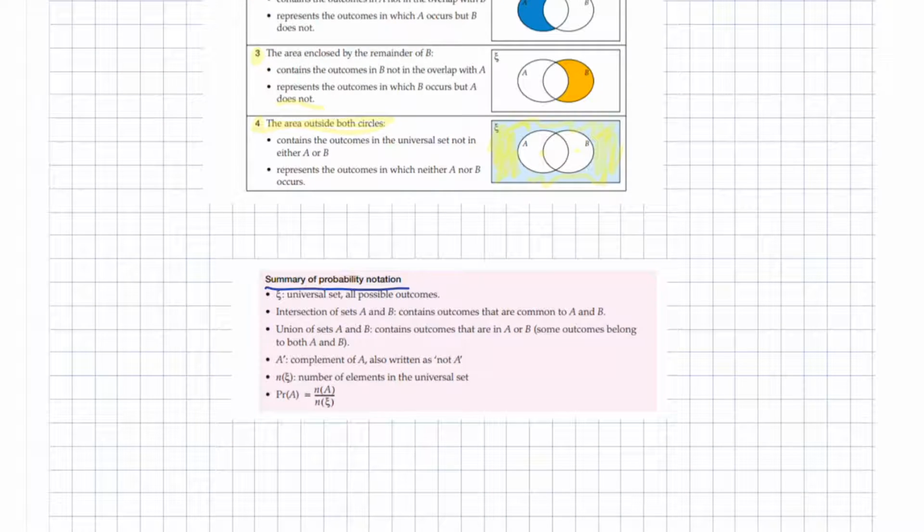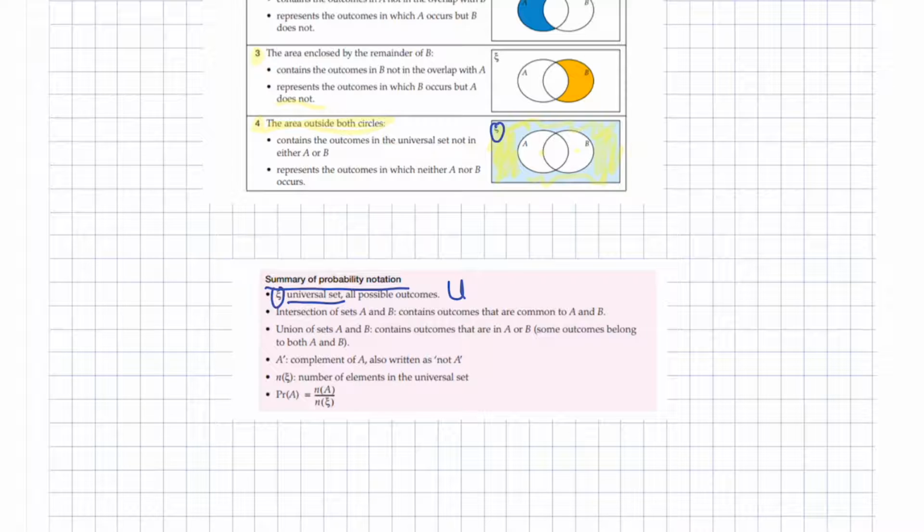This symbol here, zeta, which is usually hard to write, stands for the universal set. In this diagram you can see the same symbol zeta, and it includes everything enclosed by the rectangle. This zeta can be represented by a U as well.